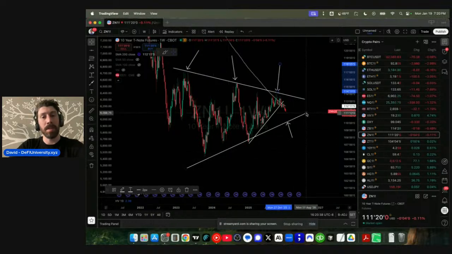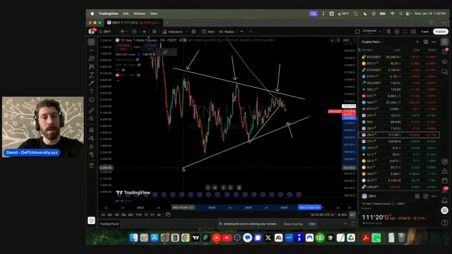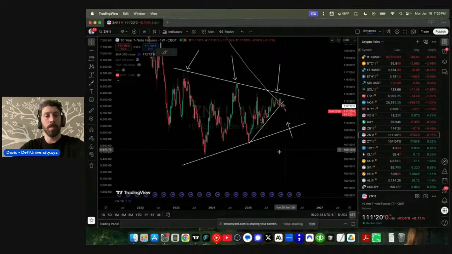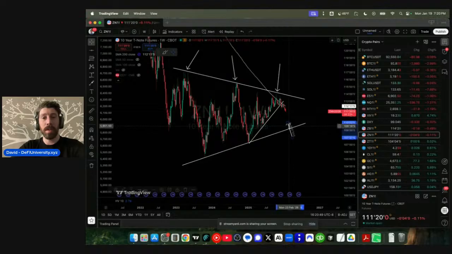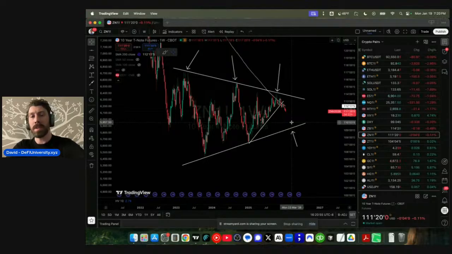Now we've got this level of support down below. If I just go ahead and fix up this trend line a little bit, there we go. So one test, the second test, and it looks like we could be headed in the near term for a third test of support. So you should always expect a level of support or resistance to hold and not break.